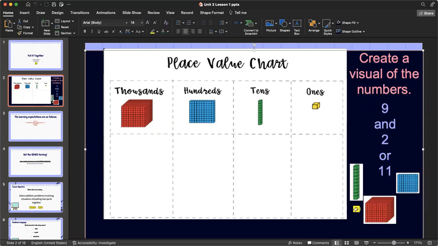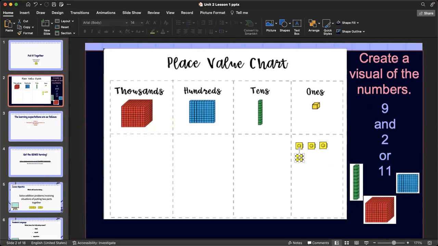How you would create 9, you're going to use the ones cubes and you're going to duplicate them. So we count 1, 2, 3, 4, 5, 6, 7, 8, 9.